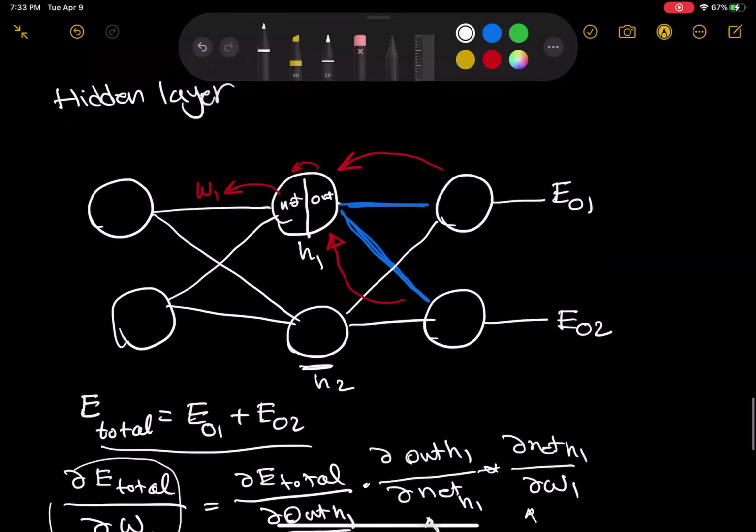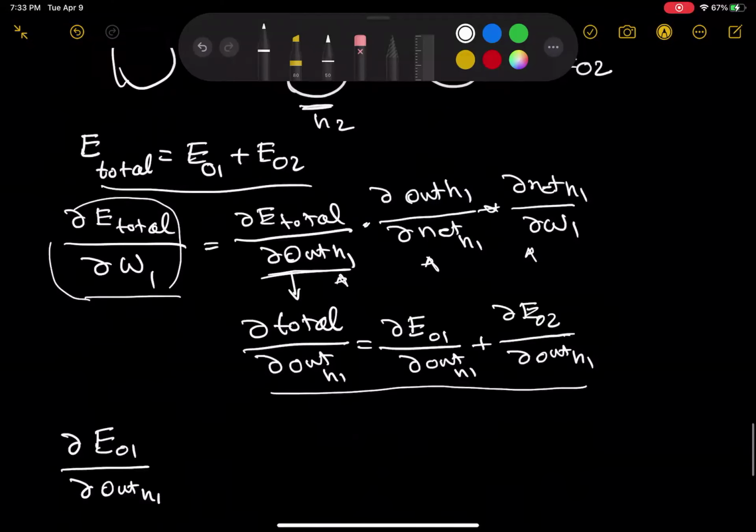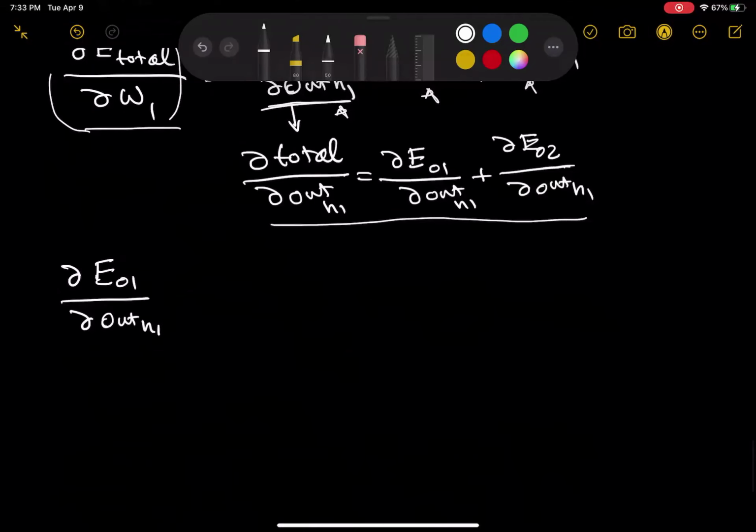See, E1 with respect to H1. This one we already did on top. It's equal to net of O1 multiplied by, I'm just doing this one right now.